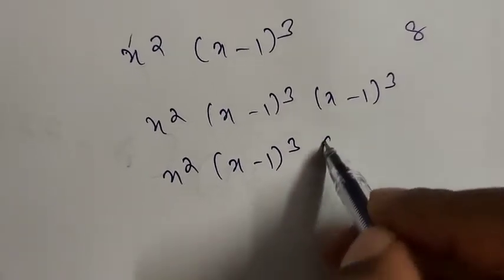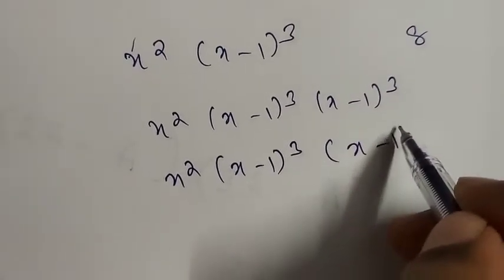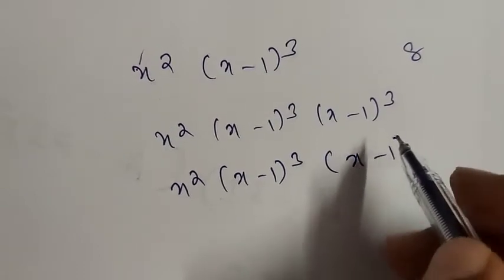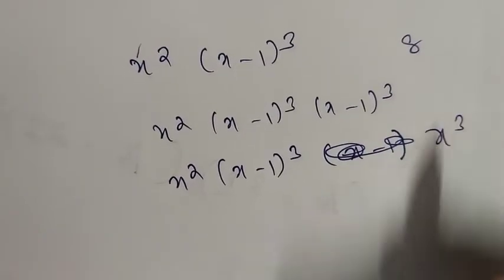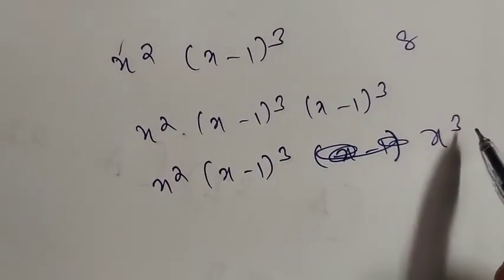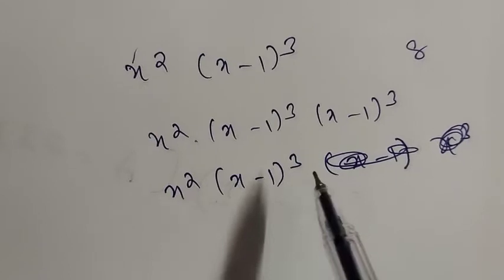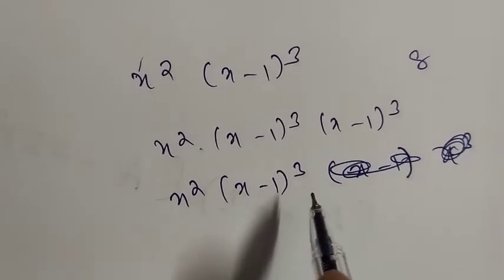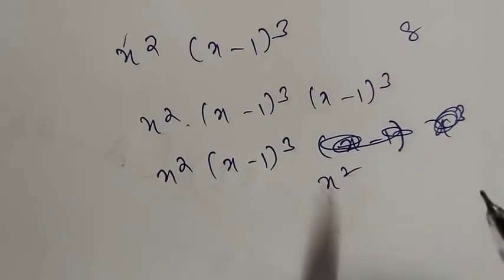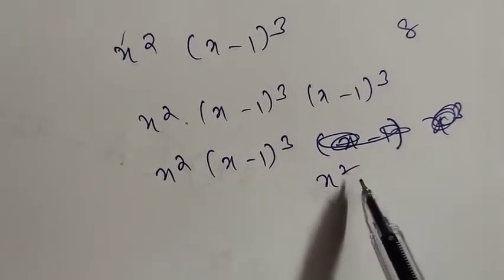So x square into x minus 1 whole cube into, I need another 3 degrees. You cannot write x cube, because the maximum degree is 2 only here. So x square into x minus 1 whole cube into x square you write. Total 3 plus 2 is 5, plus 2 is 7.